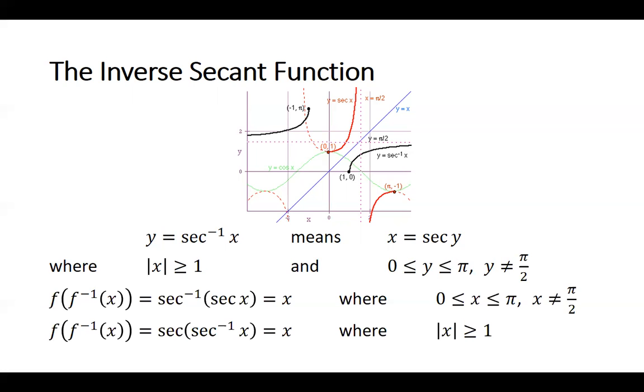And then if we take the secant of the inverse secant of a trigonometric ratio x, we get x. The inverse secant gives us an angle, then taking the secant of the angle puts us back to x, our trigonometric ratio, where the absolute value of x is greater than or equal to 1.